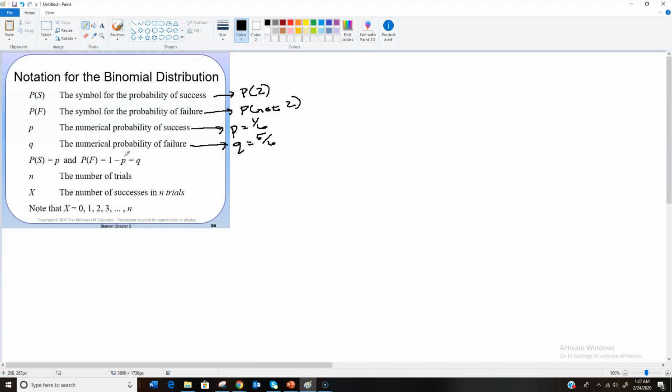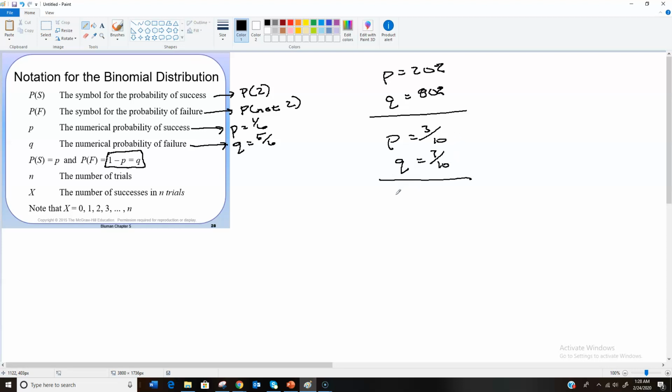And that's what this says right here, that 1 minus p has to equal q. So if I tell you p is 20%, then q has to be 80%. If I tell you p is 3 out of 10, then that means q has to be 7 out of 10. These two together have to add up to be 1.